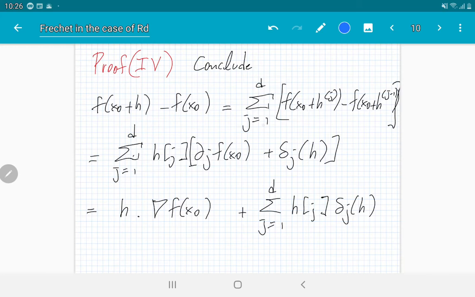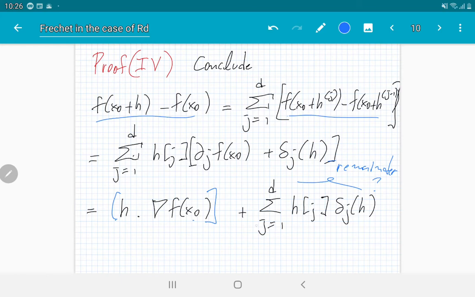Because now we wrote this difference as this telescopic sum, the telescopic sum we rewrote like this, and now we have here the thing that should appear if this is a Fréchet derivative, and this should be the remainder term. So let's quickly argue that that's the case.